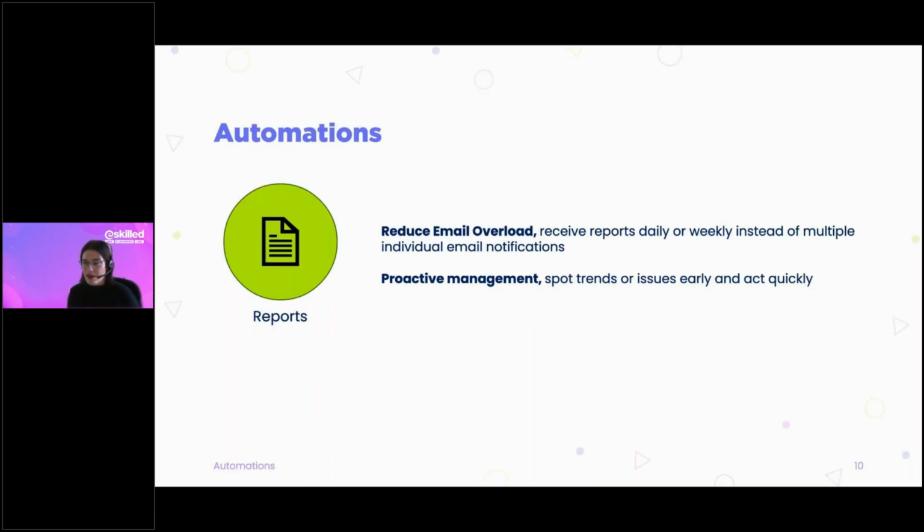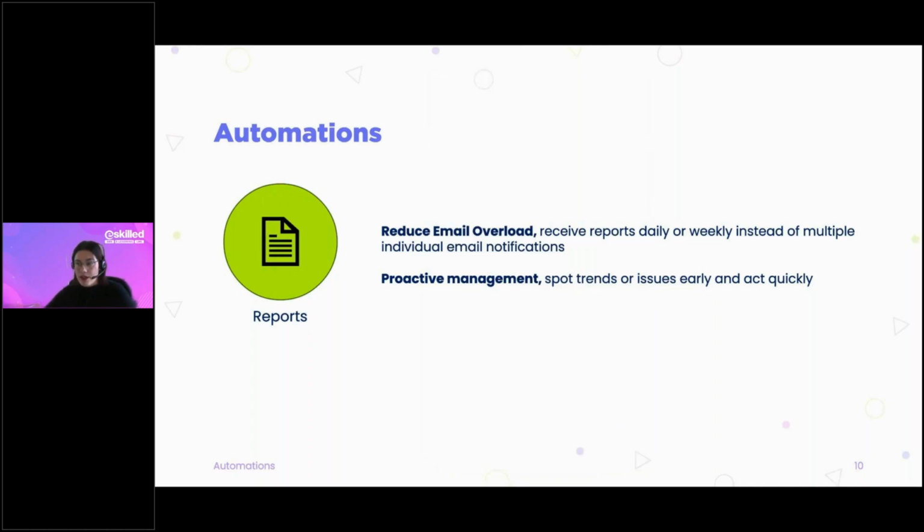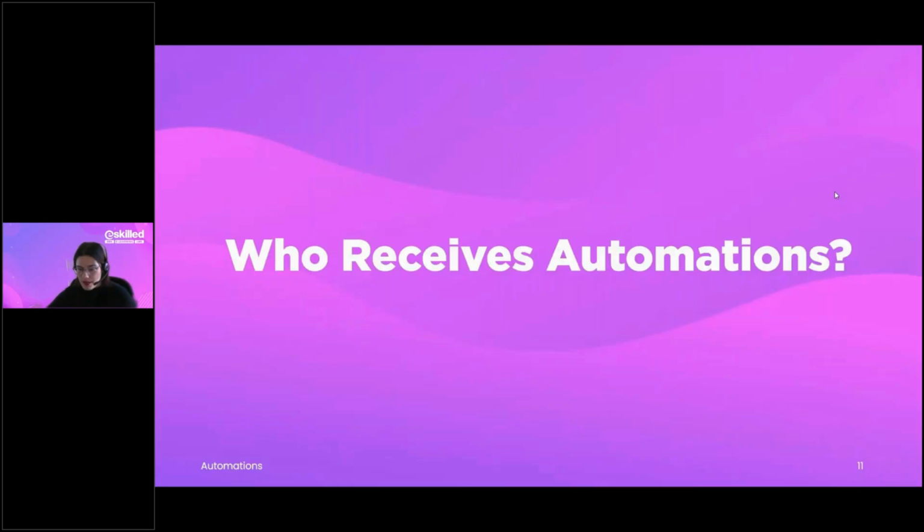You might prefer a report that gets sent through to you for new enrollments so that you can see just what students are enrolling in that day in a report style. One email will have a list of all 50 that came in through that day. So it's just another alternative way to receive those automation messages. But yeah, those are the 4 things that can be automated through the eSkilled system.